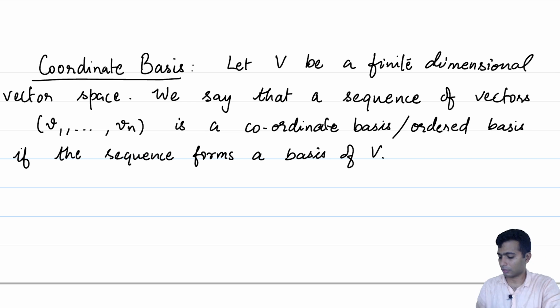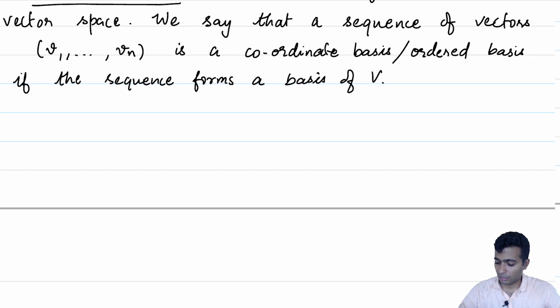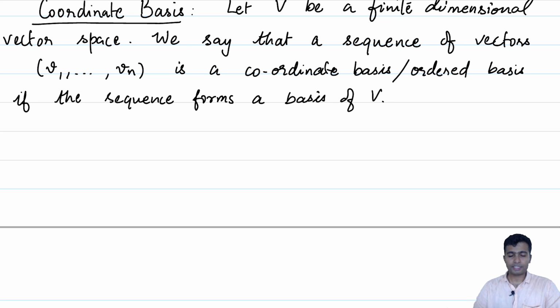So let's just try to understand what this definition says, because it doesn't seem like it says much, but that's not the case. We start off with a set, say v1, v2 up to vn, which is both linearly independent and a spanning set. It turns out to be a basis. When we speak about an ordered basis or a coordinate basis, we are concerned about the order in which we are considering the basis elements.